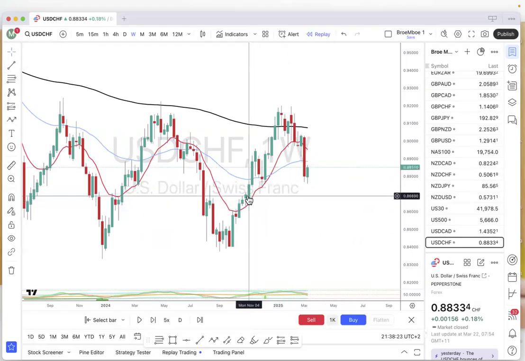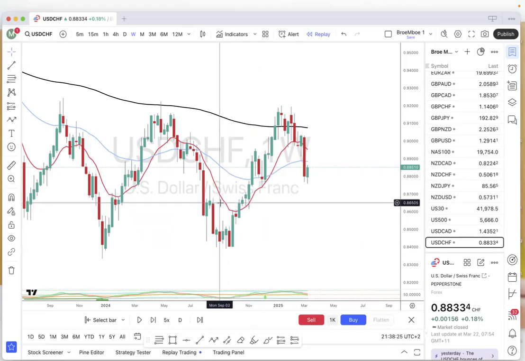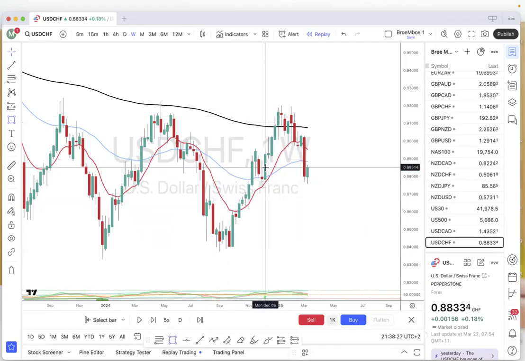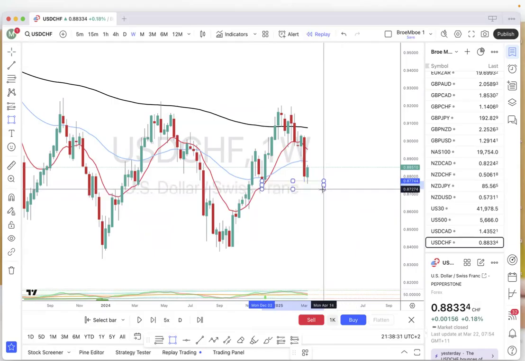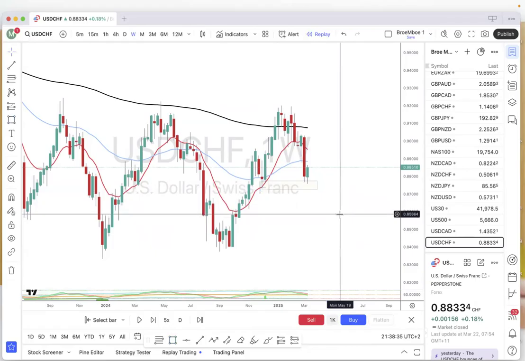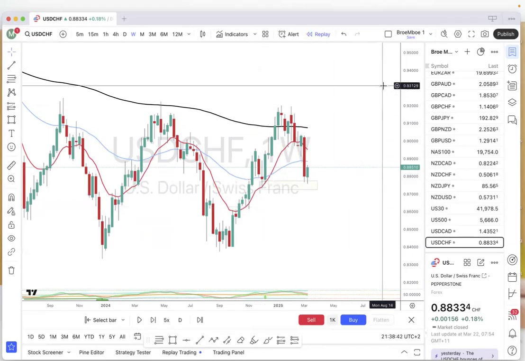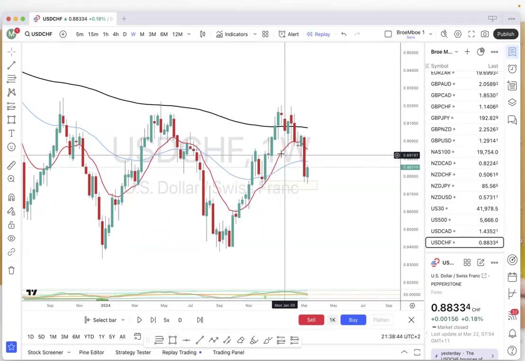So if you know a little bit of ICT, you can tell that you are in an order block area. If you know price action, you can tell you are in a resistance area, and so forth. But for me, I treat these as necklines.